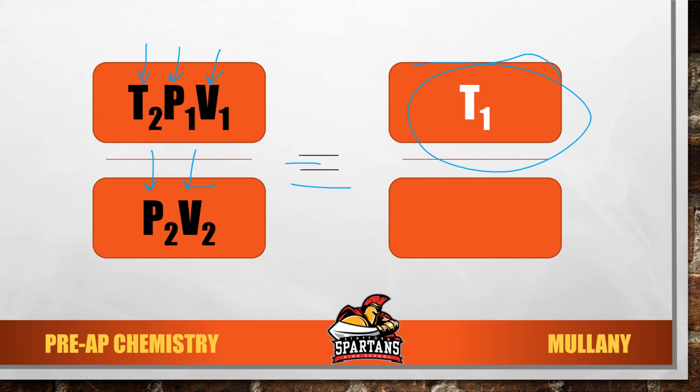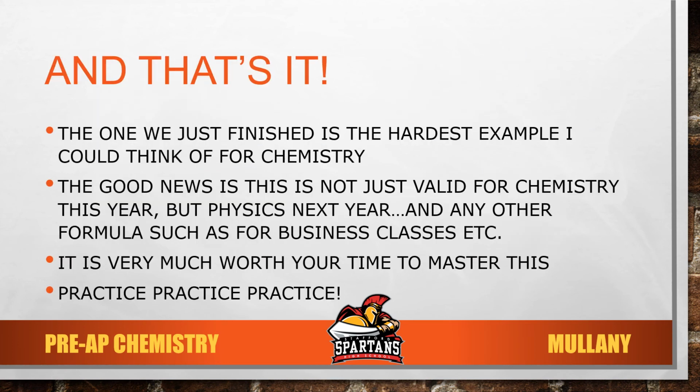So if you hit divided by before every number you enter on the denominator on the bottom, you don't have to do parentheses and you'll get the right answer. So bonus pro tip there. Hopefully that did well for you because that's it. That was the hardest example I could think of in chemistry. 6 variables, unknown was a denominator, and we did it in under 25 minutes.